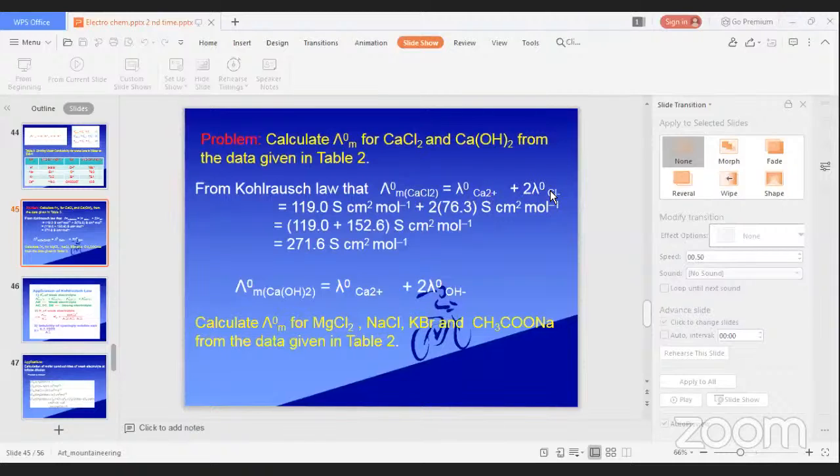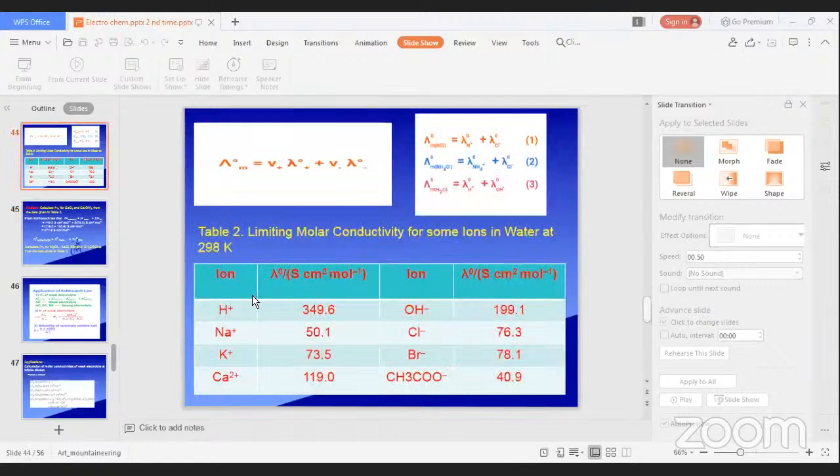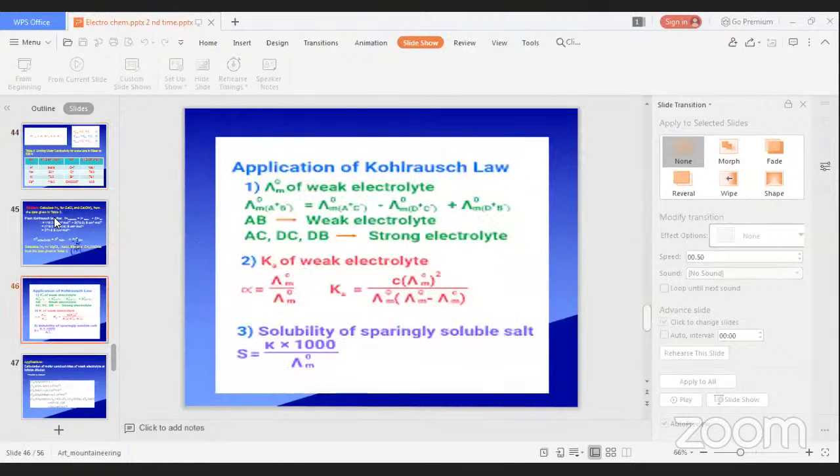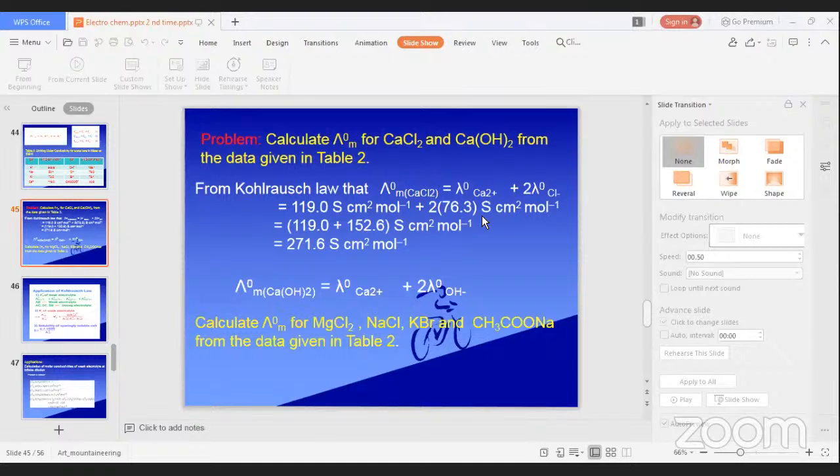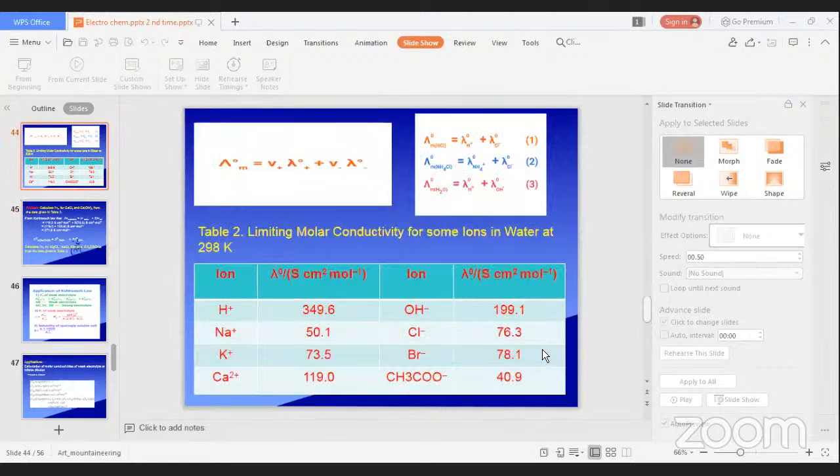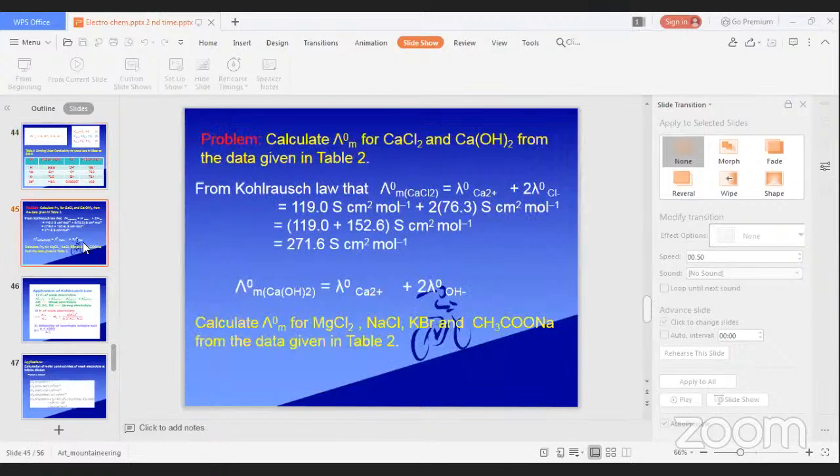Lambda naught of Ca2+ is 119. Since 2 chloride ions are present, 2 into 76.3 is the value for the chloride ion. So 119 plus 152.6, total 271.6 Siemens centimeter square mole inverse.